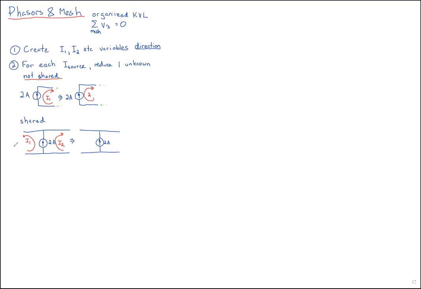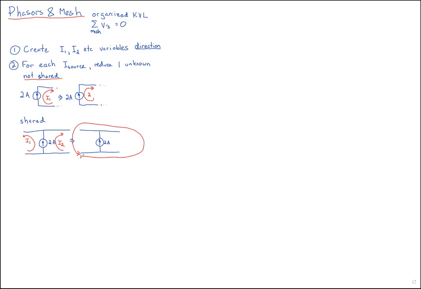Afterwards, the problem is we can't do a KVL around here because we'll be summing up voltage drops and we'll get to this current source and we won't know what the voltage is across it. So we're just stuck. The way to get around it is to do a big supermesh around the whole thing.